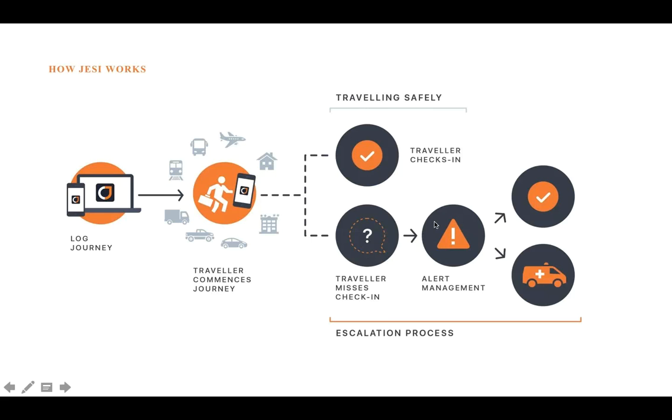From there, the emergency contact will contact the traveller, asking them if they're okay. If they are, then they are to check in. If the emergency contact cannot contact the traveller, then internal organisational emergency procedures would take place to try and locate that particular traveller.